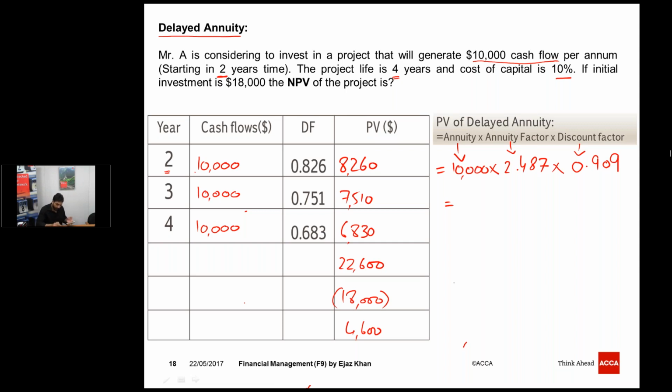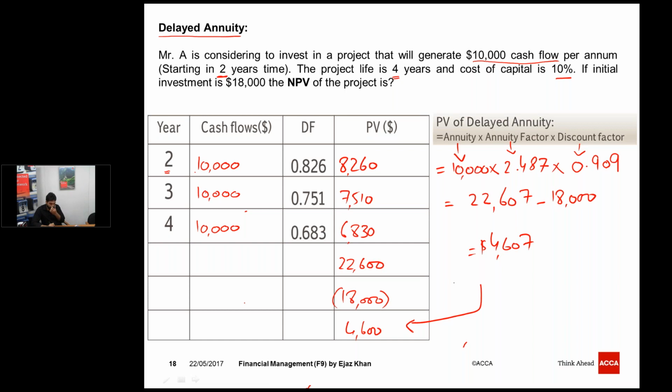So we'll get approximately the same answer, 22,607 dollars, which is approximately the same that we calculated here, 22,600, and it's 22,607. And then we will subtract 18,000 from this to get the net present value, which is equal to 4,607. Approximately the same what we calculated using the tabular approach.